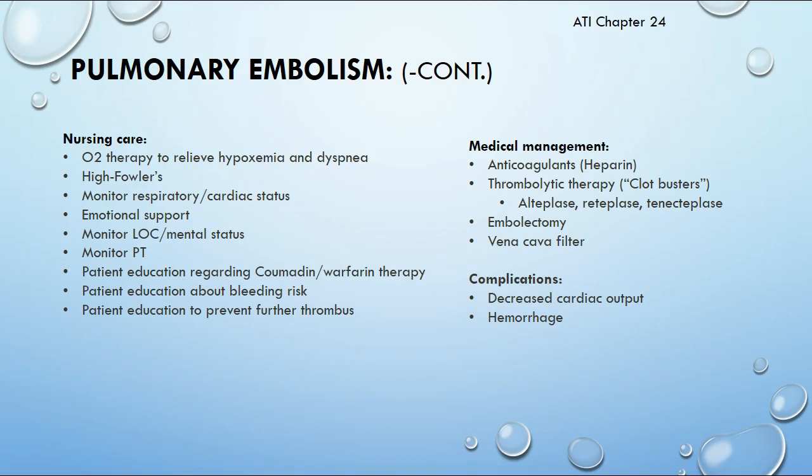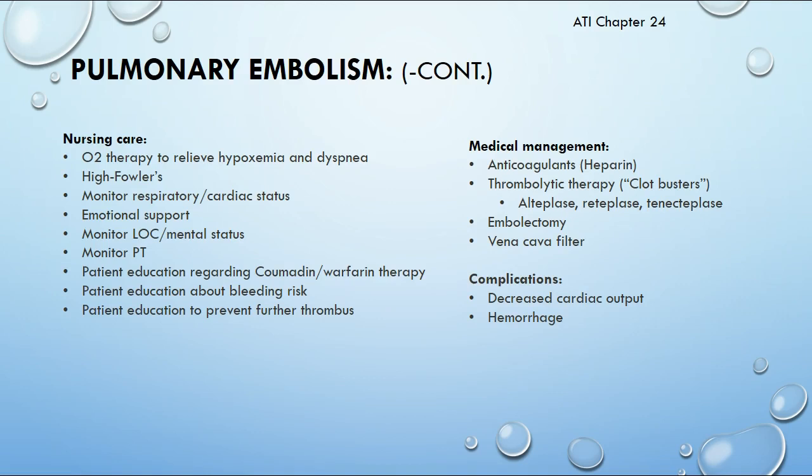So again, typically, first line of medical management is going to be heparin and possibly thrombolytic therapy, which are clot busters. Now remember, anticoagulants are not going to break up a clot, but heparin is going to be used, so PTT monitoring will be important.